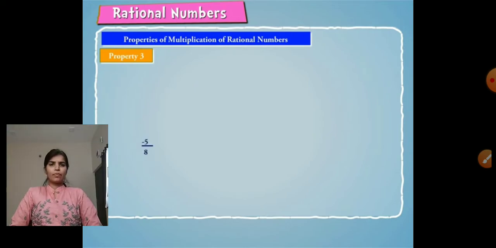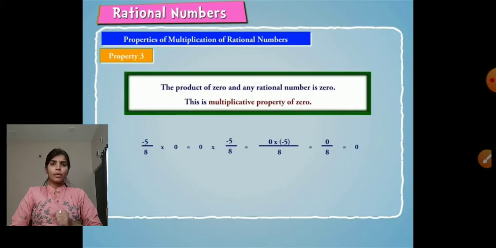So minus 5 by 8 into 0 is equal to 0, or 0 into minus 5 by 8 is also equal to 0. That means when we multiply any rational number by 0, our answer will be 0. So the product of 0 and any rational number is 0.